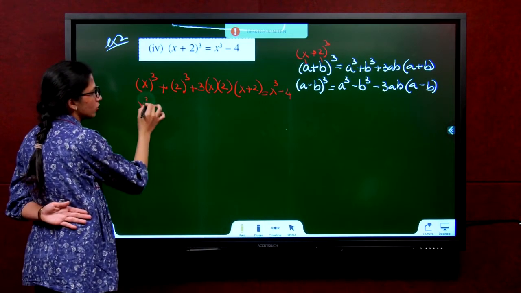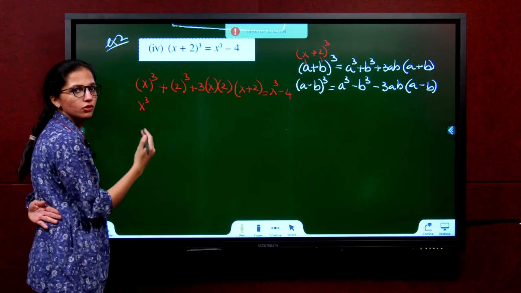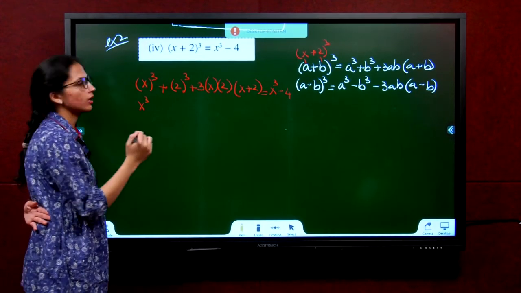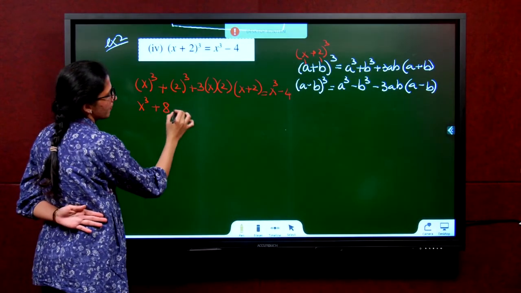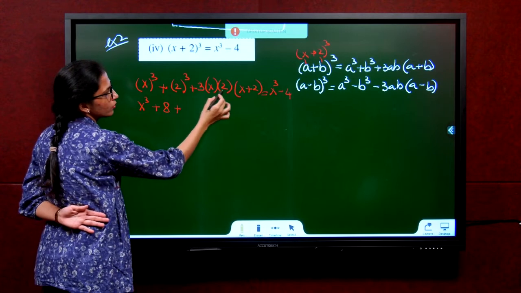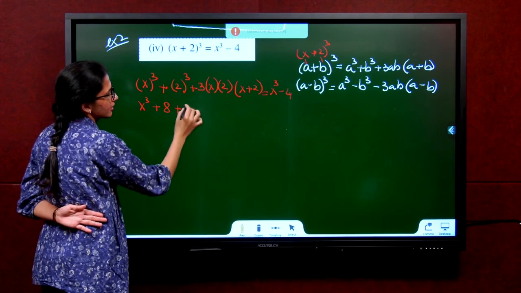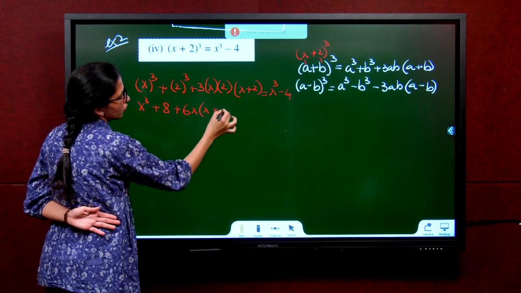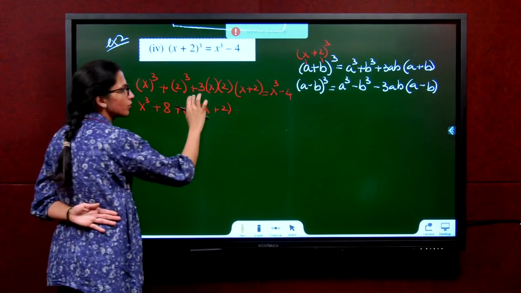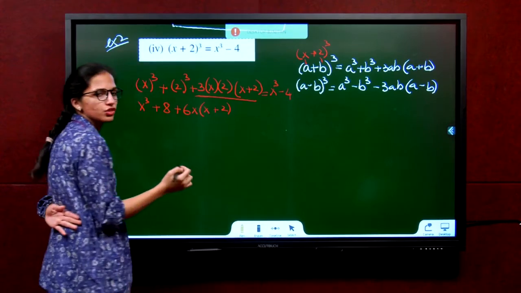So this is x cube, 2 to the power of 3, 2 into 2 into 2. 2 2s are 4, 4 2s are 8, plus 8, plus 3 2s are 6, 6 into x, 6x into x plus 2. Do it stepwise. Don't try to multiply the whole thing at one stretch.